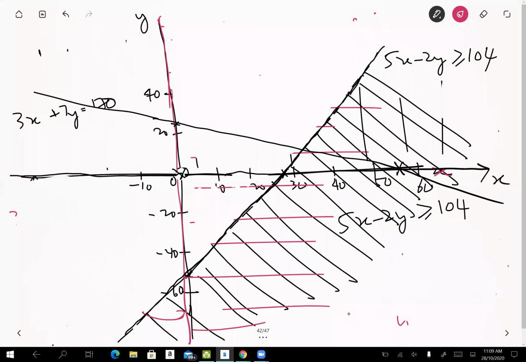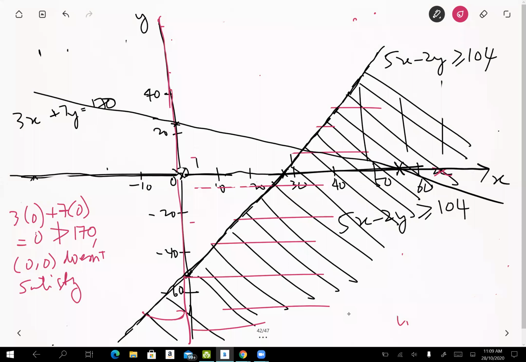I got 3 times 0 plus 7 times 0 equal to 0, and 0 is not bigger than 170. So 0, 0 does not satisfy. Therefore, the other side will satisfy. So the area that satisfies the inequality will be up there.